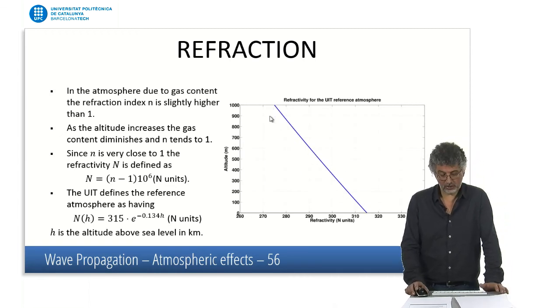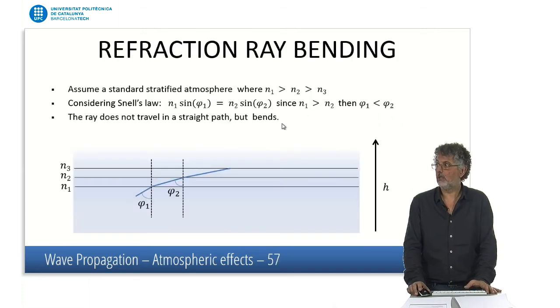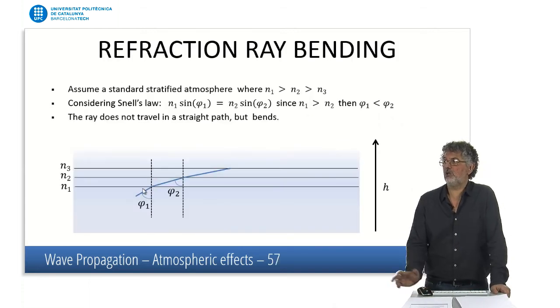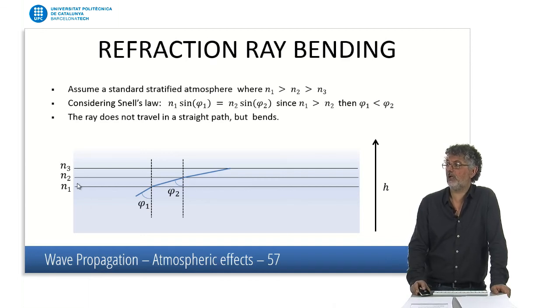Now, refraction is caused by the fact that the atmosphere does not have a constant refractivity, but it changes with altitude. So, if we consider a standard stratified atmosphere, in which we have different slices in which the refraction index diminishes as we increase the altitude, so n1 is larger than n2 and n2 is larger than n3.